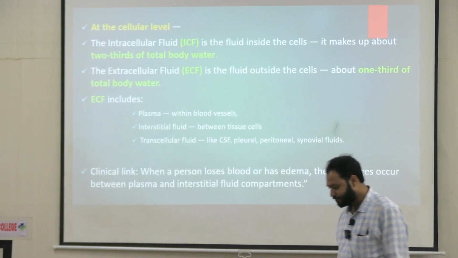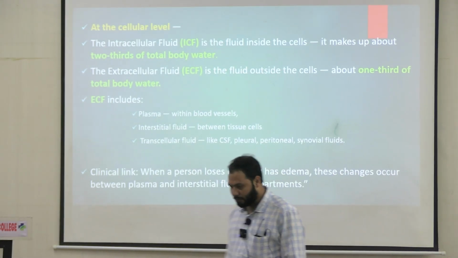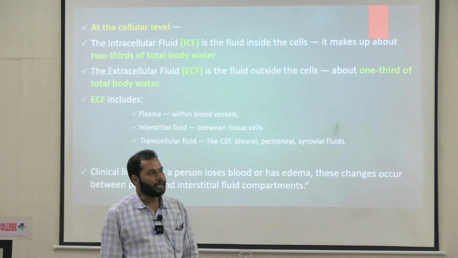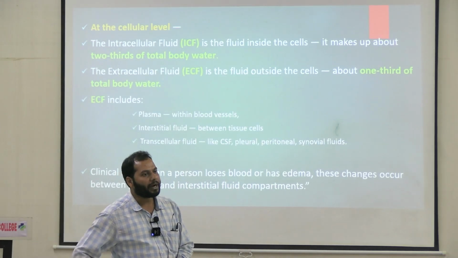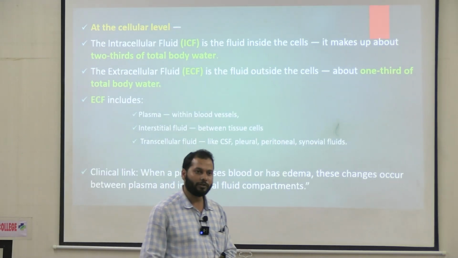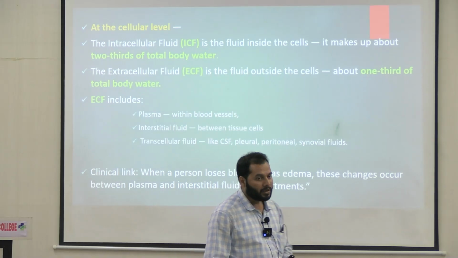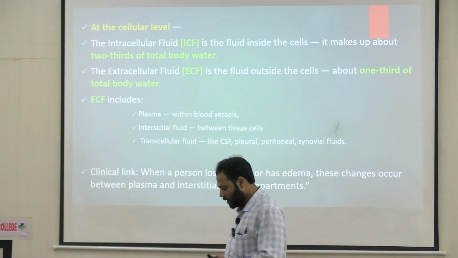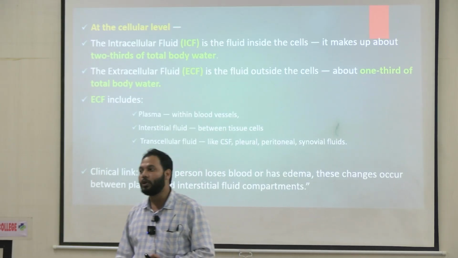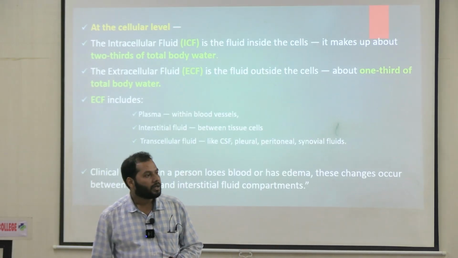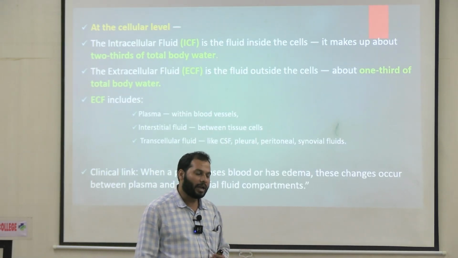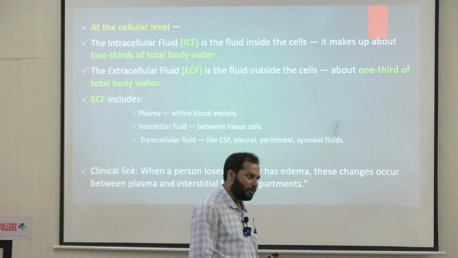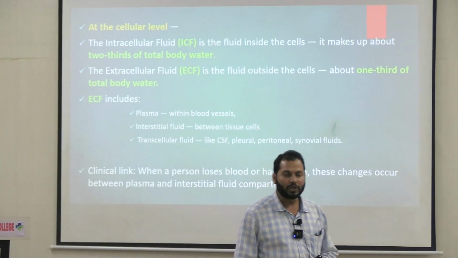So the body fluid compartments are mainly the intracellular and extracellular body fluid compartments, right? The most important parts of the extracellular body fluid compartments are the blood plasma and the interstitial body fluids.